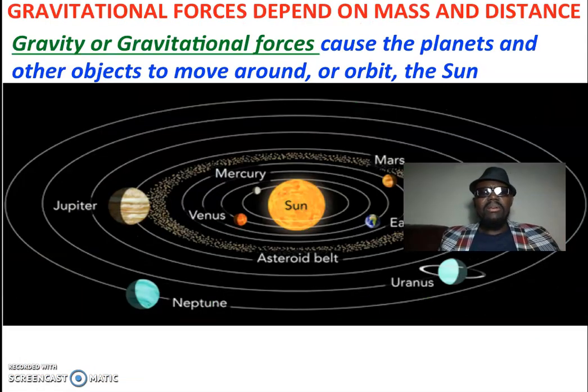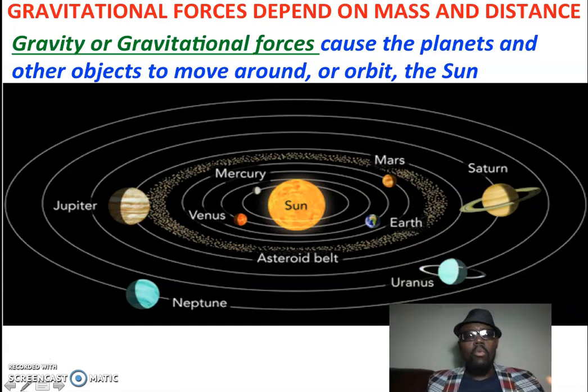Okay? So one will ask, what keeps these objects in orbit around the sun? Why don't these planets fall off? What keeps them in place so that they're able to constantly move around the sun? What keeps these objects around the sun is what we call the gravitational force, or gravity.